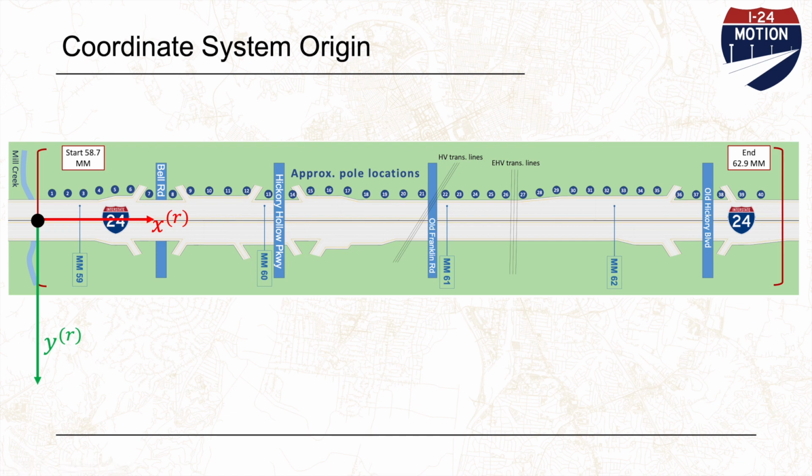We did this so that the x-axis units would be increasing with increasing mile marker. And initially we had thought that we were going to shift the x-coordinate so that the x-coordinate would exactly be the mile marker. So for mile marker 60, the x-coordinate would be 60 times 5,280 feet.